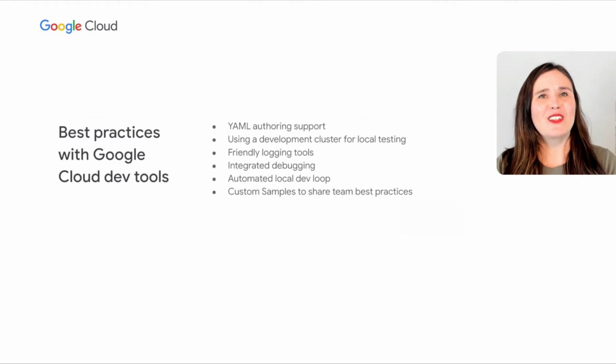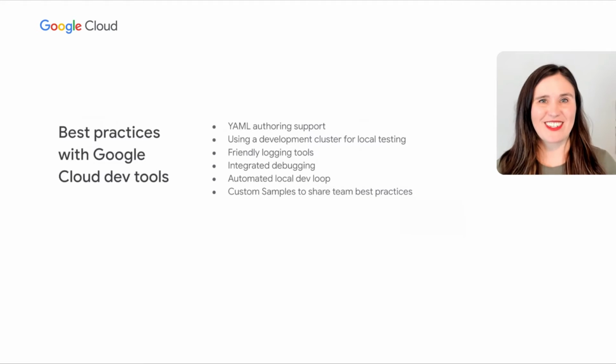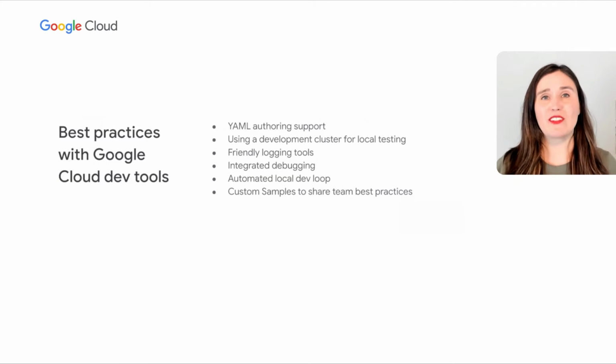Tools like Cloud Code that provide YAML snippets and autocompletes make it so that you can author entire Kubernetes manifests without looking at YAML documentation. You should be developing on a cluster that replicates your production cluster as much as possible to avoid issues when pushing to production. You can configure a Minikube cluster to quickly develop and test locally with no added cost.